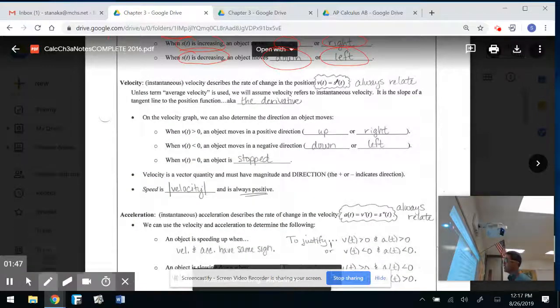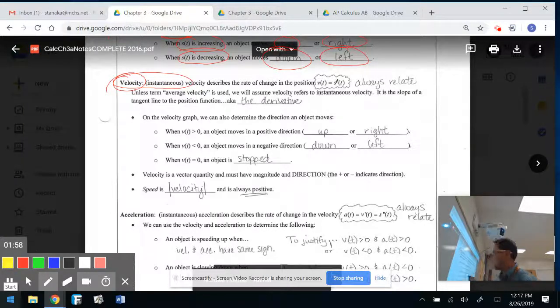Now, position is very important. What's also important when we get to AP Calc is what we call velocity. It's assumed, even though we're never supposed to assume, that in AP Calc when we reference velocity, we are referring to instantaneous velocity, right, class? Which would mean the slope of a secant line or the instantaneous rate of change.